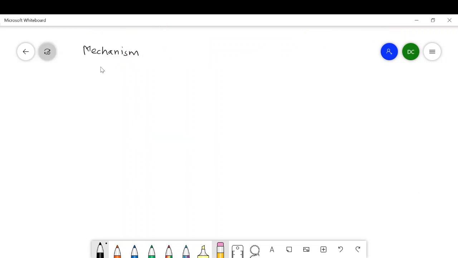Mechanism of MPV reduction reaction. So first of all, we will write the general reaction once again. Here there is RCOR dash plus isopropanol, that is CH3CHOHCH3, aluminum isopropoxide.